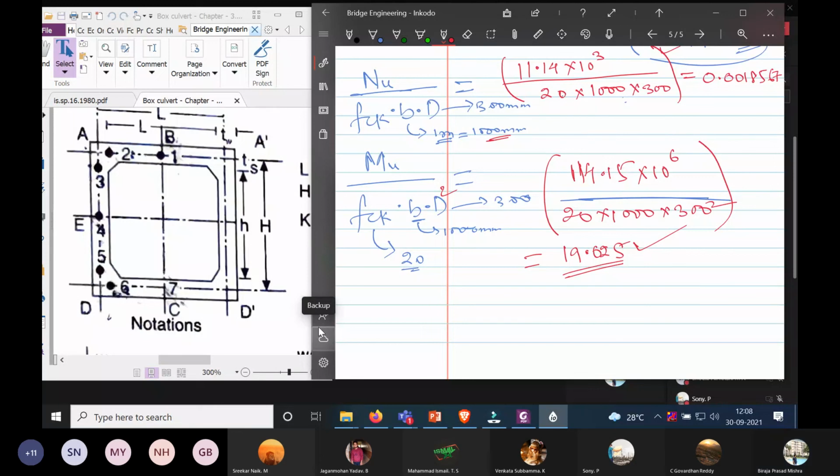Now calculate, it is BD square. Calculate what is the value. It should come as 0.06342.